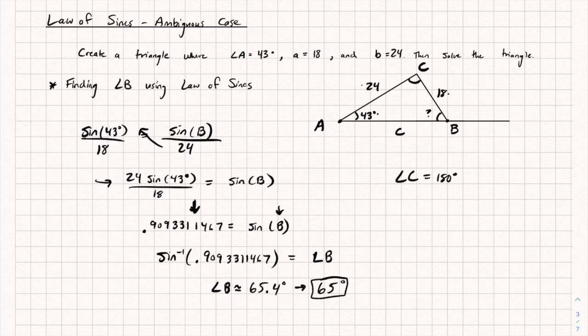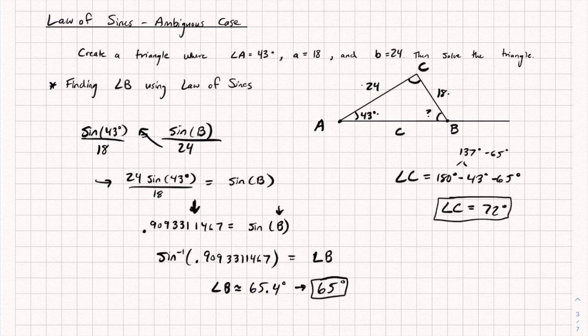Angle C has to be 180 minus 43 minus 65. So angle C has to be roughly, let's see, 180 minus 43 is 137, minus 65, so 72. And that makes sense, roughly, based off of my picture that I have.